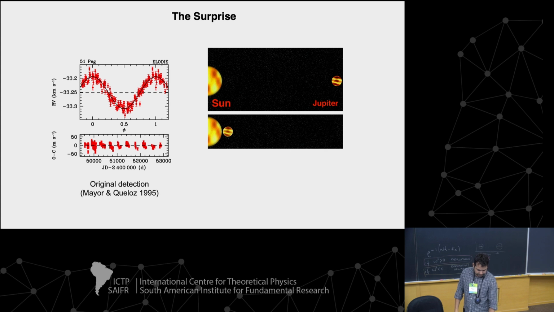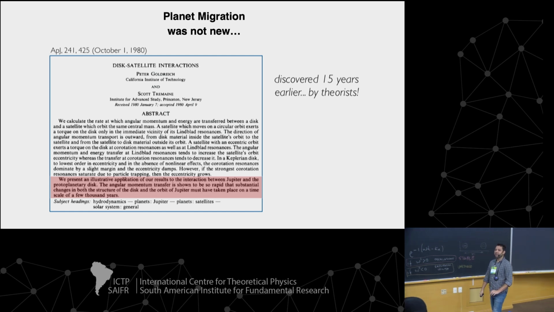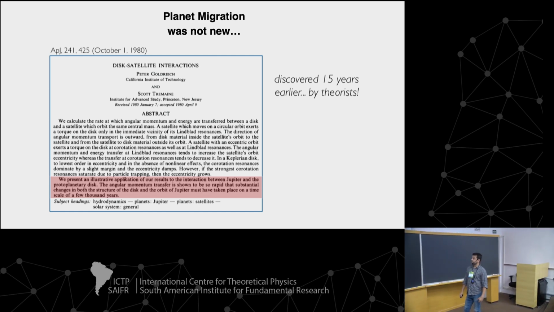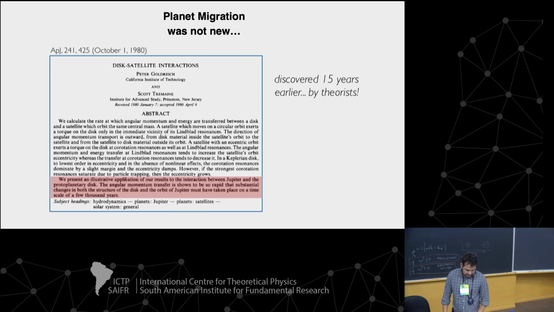But this surprised the observers, but not the theoreticians, because planet migration was not new. Planet migration had been suggested 15 years before the discovery of the first hot Jupiter and the first exoplanet.